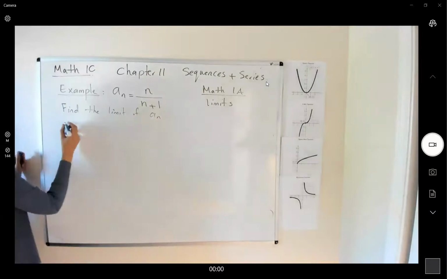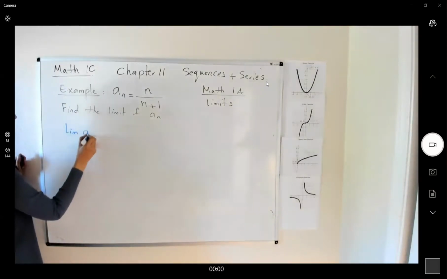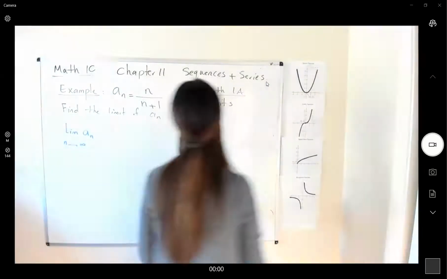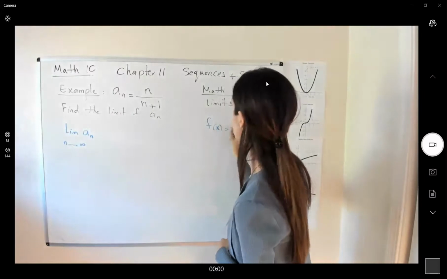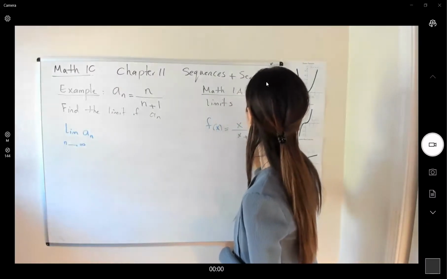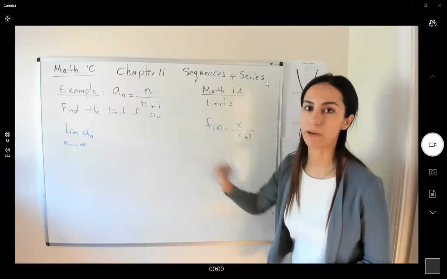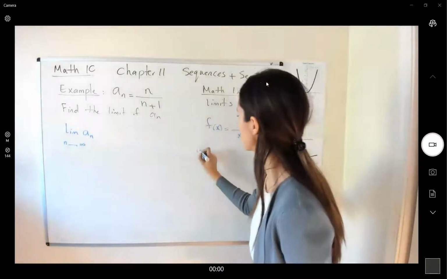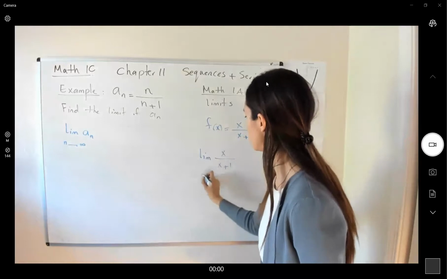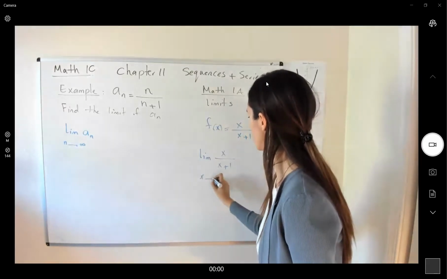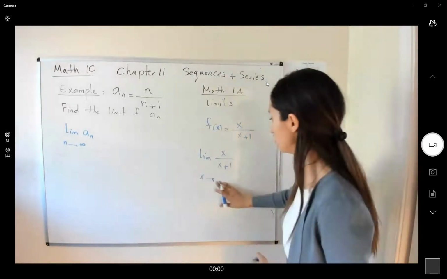So, limit of a sub n while n goes to infinity. Think about this function as f of x equals x over x plus 1. They're equivalent to each other. To take the limit of this function, you have the limit of x divided by x plus 1 while x goes to infinity. Okay.